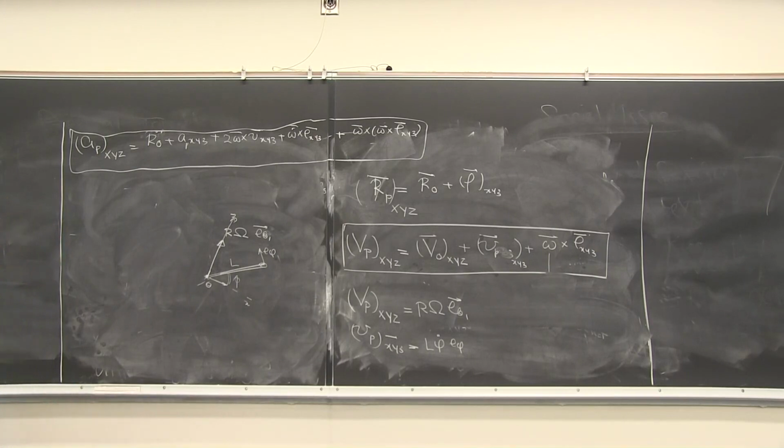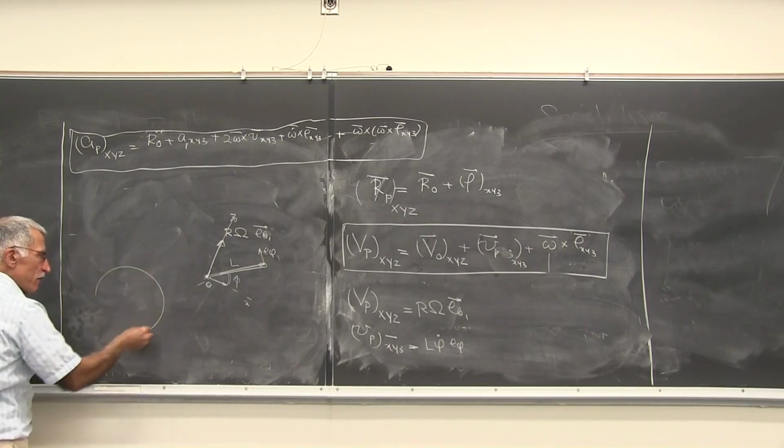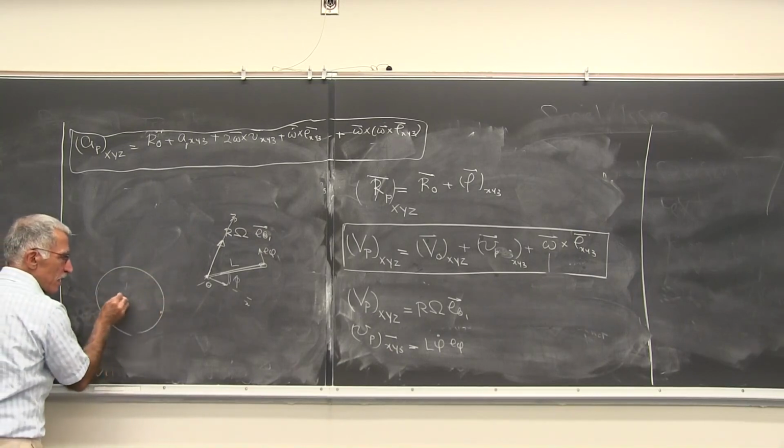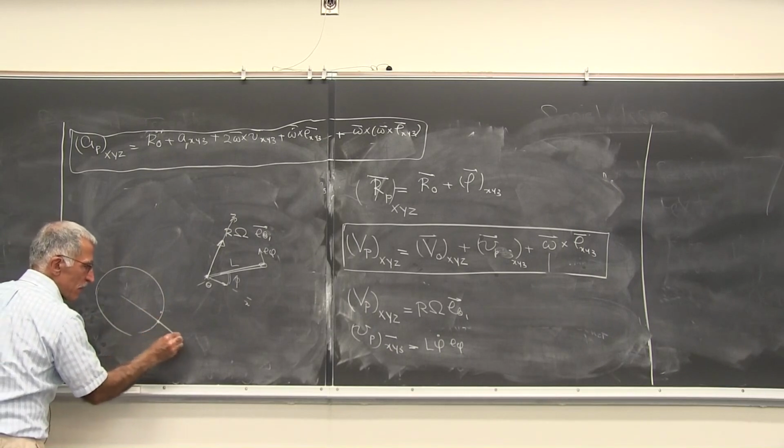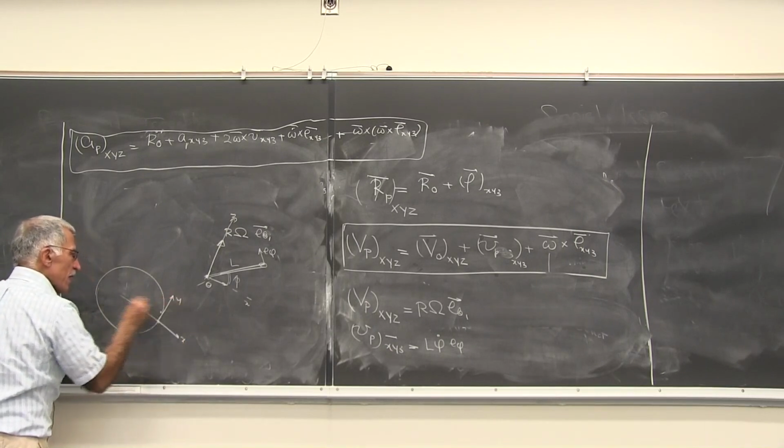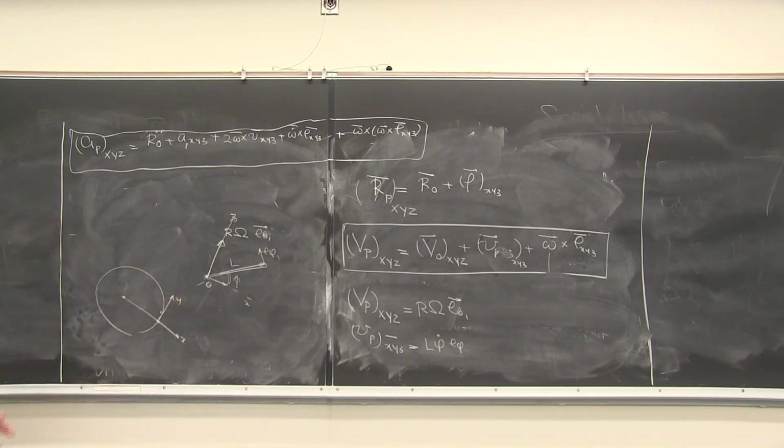So that takes care of that one. Now, what is omega times rho? My auxiliary reference frame is here, a small xy. And this auxiliary reference frame is being twisted. It goes around.